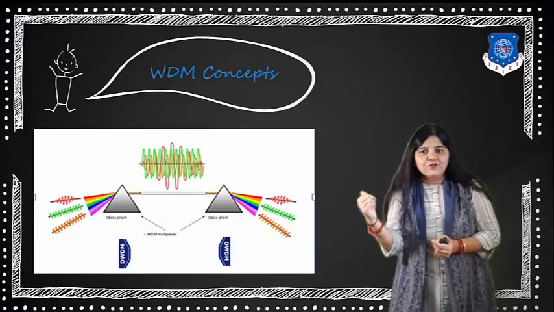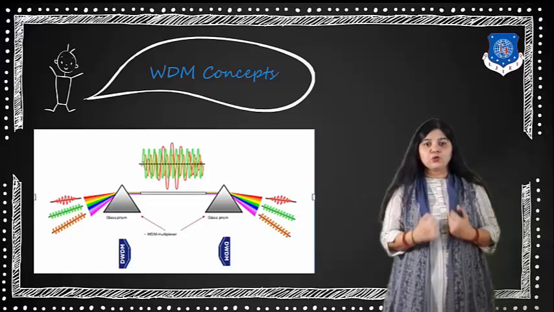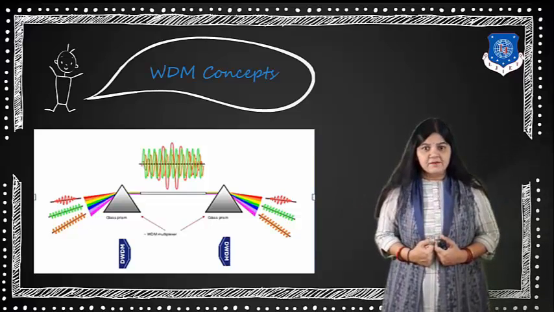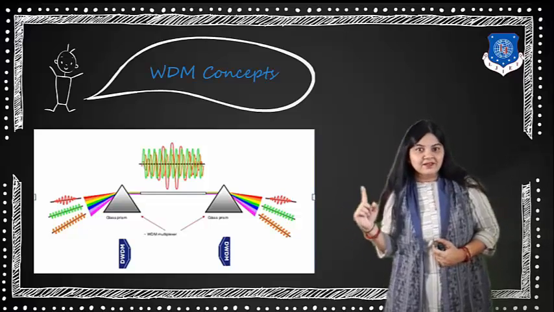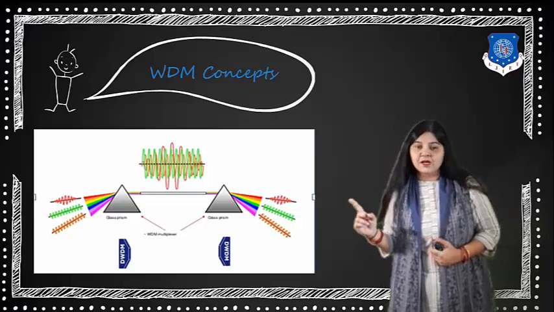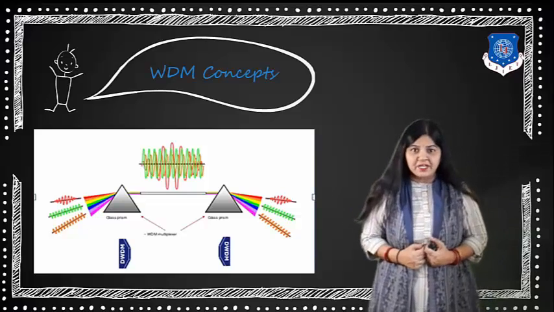Now, while the light goes from the communication medium to the prism, and from the prism to the air, the prism is the denser medium, so the light goes from the denser medium to the air medium.